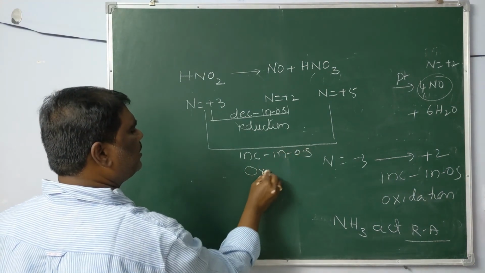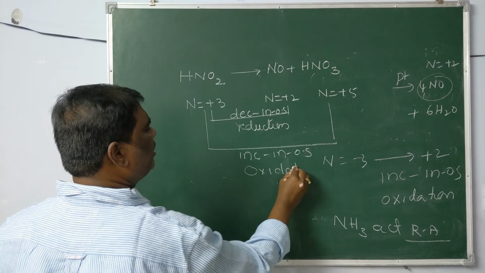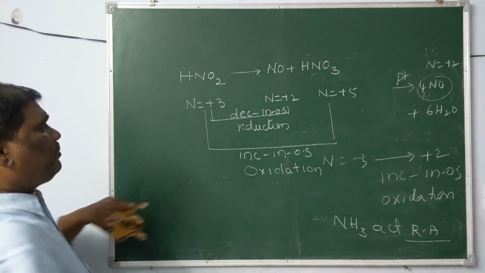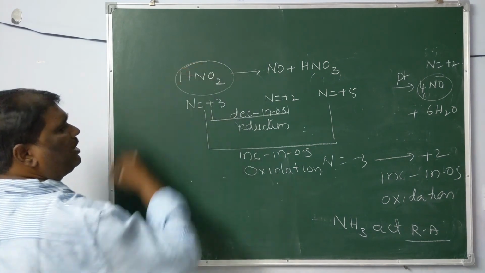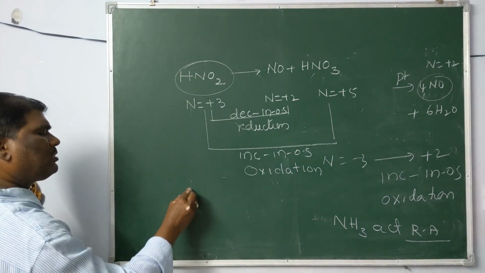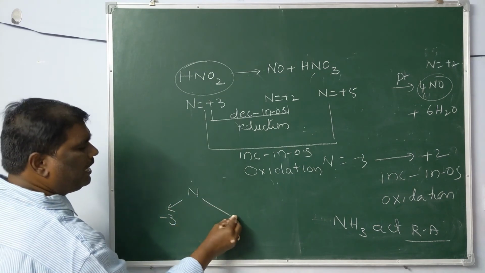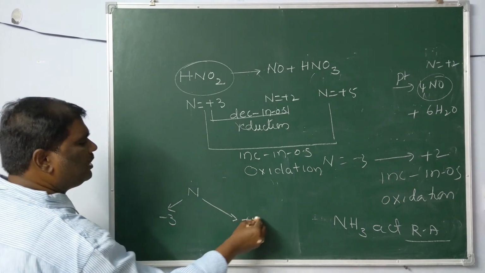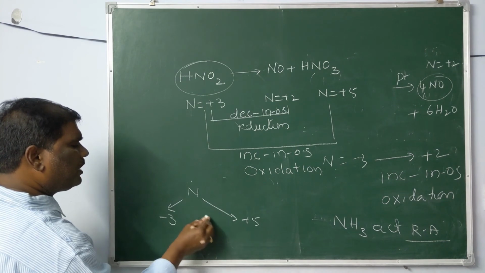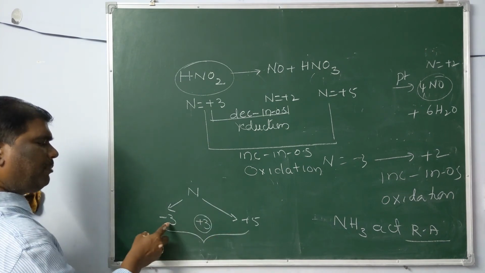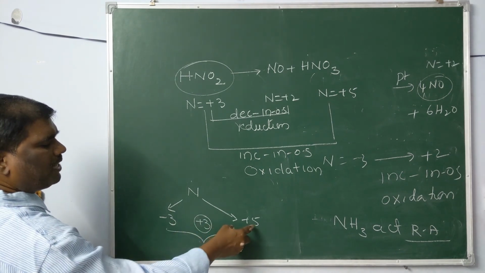Thus the species with intermediate oxidation state: nitrogen has lowest -3, highest +5. We got +3. +3 is intermediate between -3 and +5.